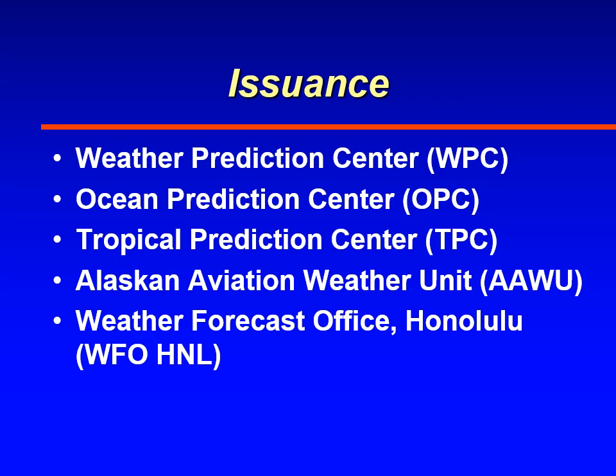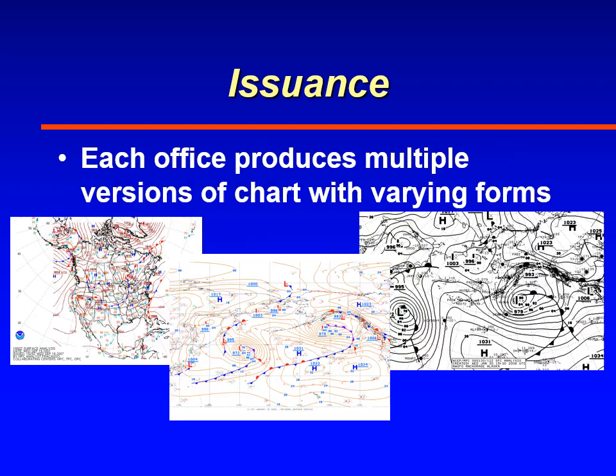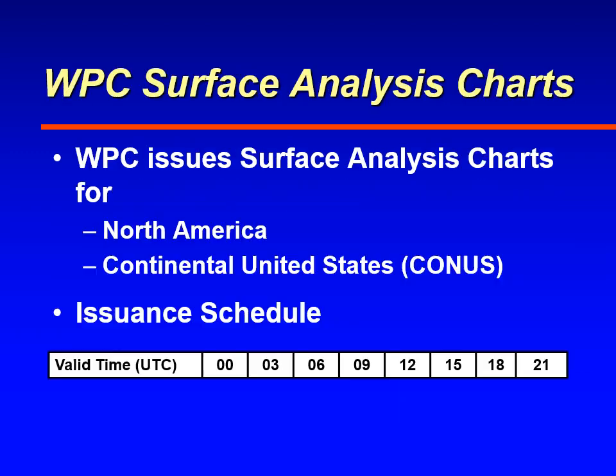A lot of different organizations put this chart out. We're most familiar with the Weather Prediction Center. Those are the people that are doing that chart for the 48 contiguous United States. But other organizations, such as the Alaskan Aviation Weather Unit or the WFO in Honolulu, will put out specific charts for their areas.